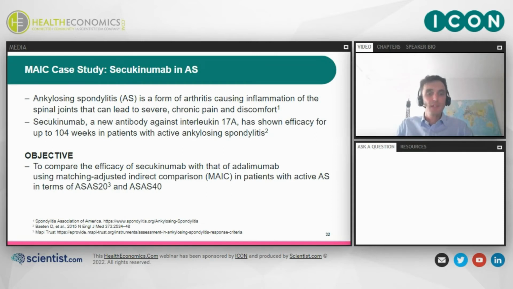The case study I'd like to present examined the relative effectiveness of secukinumab with that of adalimumab using matching-adjusted indirect comparisons in patients with active AS. The outcomes considered were two binary outcomes, ASAS20 and ASAS40, and they measure improvements in several patient-relevant areas, including pain, function, and inflammation.